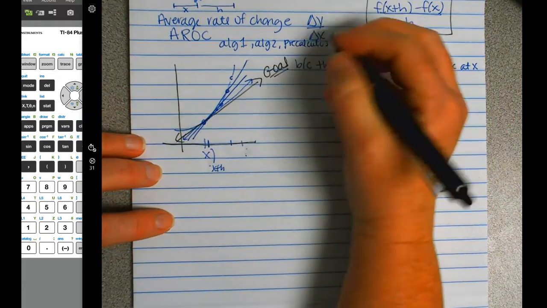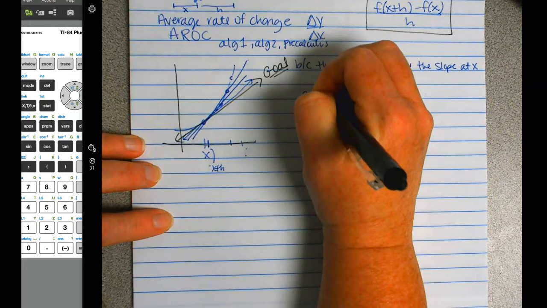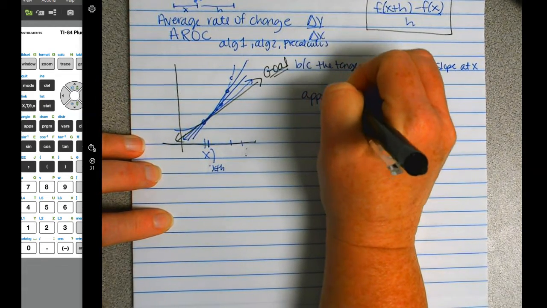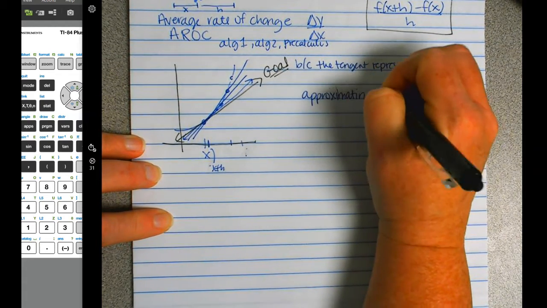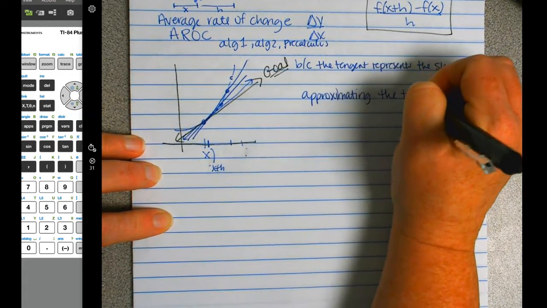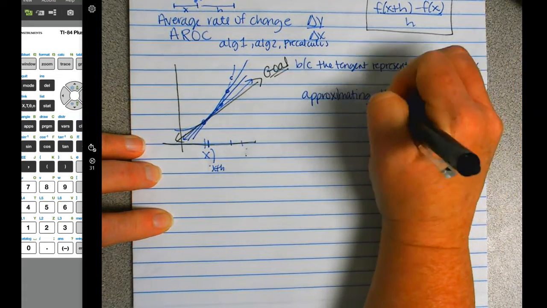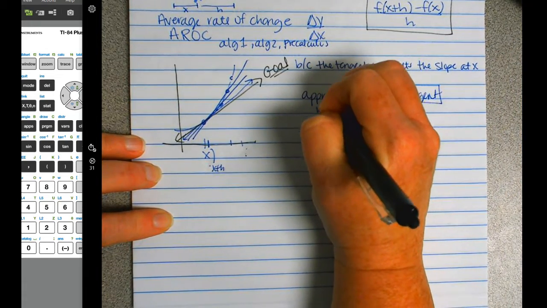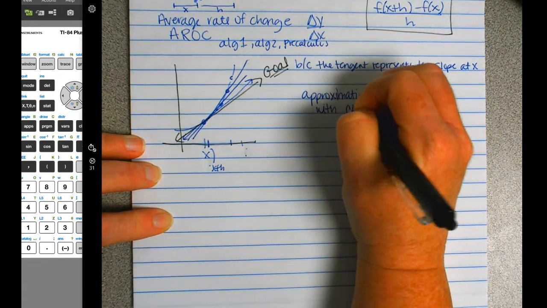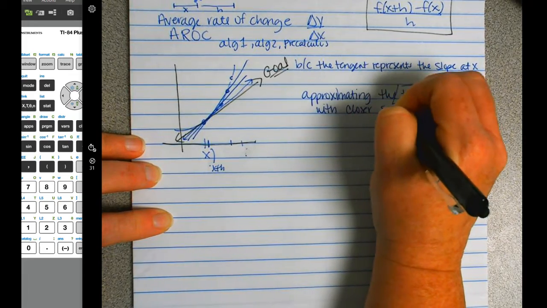So what we're doing is we're approximating the tangent, which is our goal, with closer secant lines.